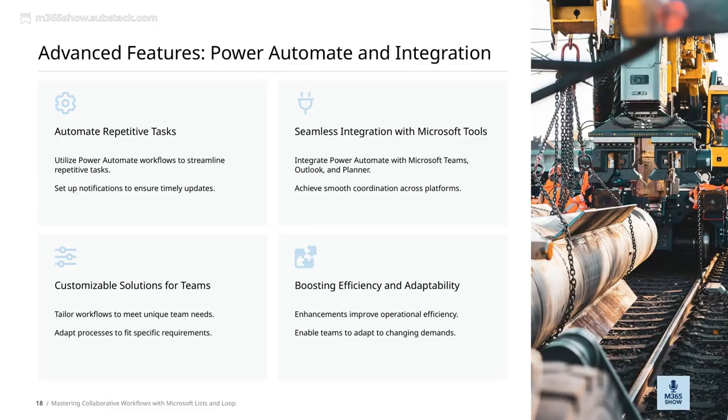Integration is key here. For example, combining Power Automate with Microsoft Teams, Outlook, and Planner lets us coordinate across platforms effortlessly. This smooth collaboration reduces friction and saves time. Power Automate also helps us streamline repetitive tasks. We can set up workflows that automatically handle routine activities, freeing up time for more strategic work.